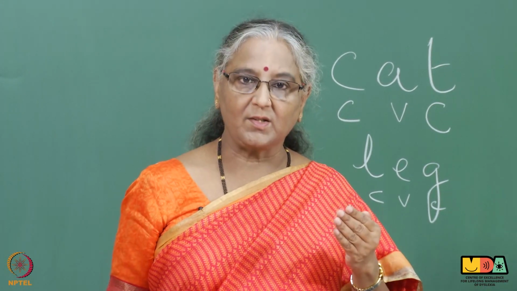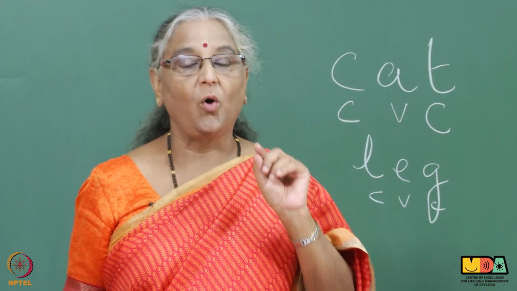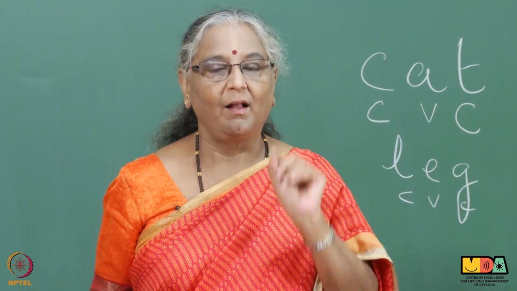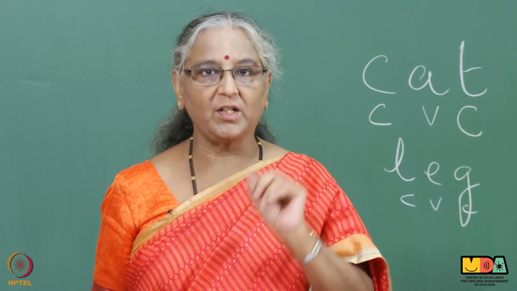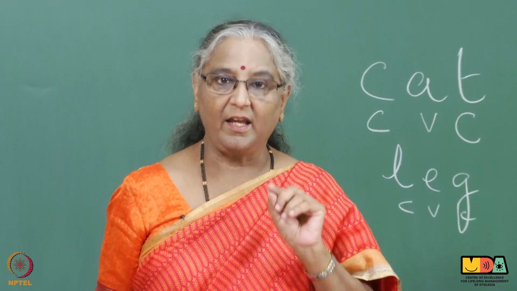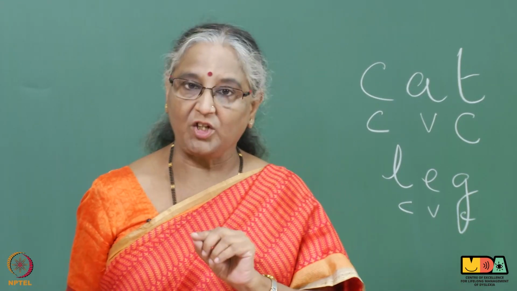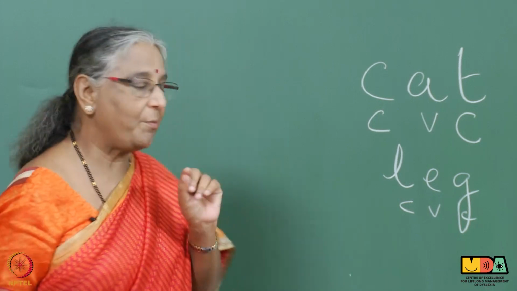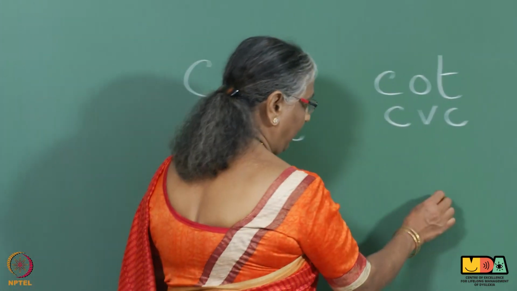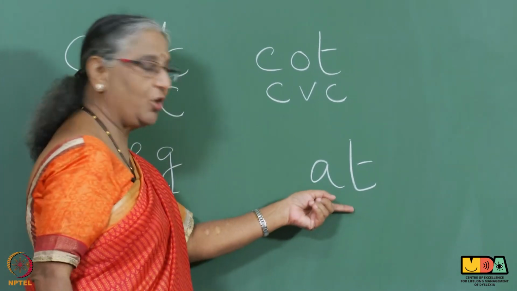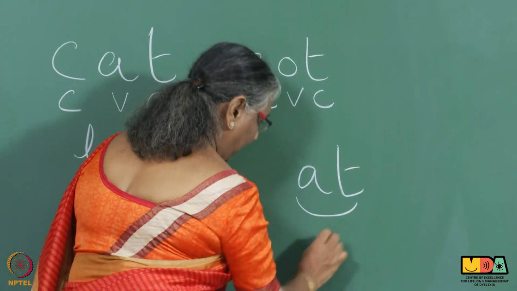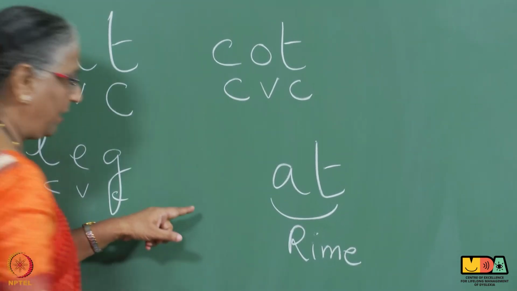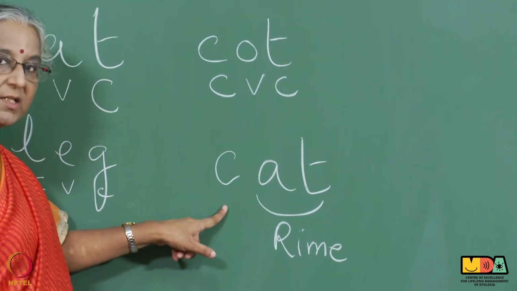Now, the decoding units are units of one vowel and one consonant that come at the end of the word. That one vowel, one consonant combination can be AG, AN, AD, ED, EG. What will be remembered is that these will remain constant. AT will be your rime. Now, I am talking about RIME, and this would be your onset.